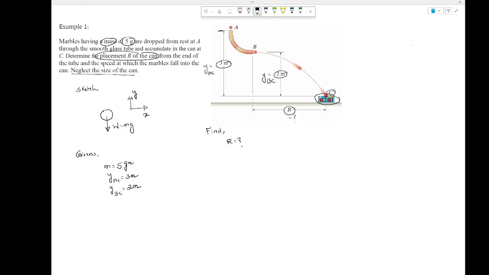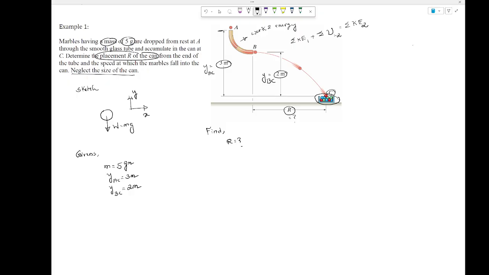Let me talk about the strategy, how we're going to solve it. First, you can use the equation I started the class with, the work and energy equation. In this equation, you have the kinetic energy at position 1, plus the work and energy involved from position 1 to 2, equals the kinetic energy at state 2.